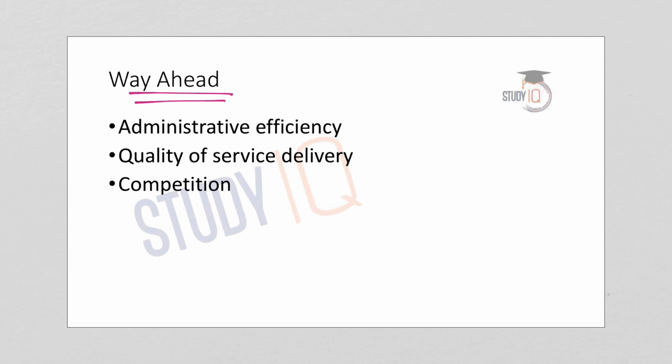So from the Haryana model as well as from NITI Aayog initiatives, what is understood is that the right incentive structures for various stakeholders, whether it is in education, healthcare, financial inclusion, any social indicator, if the right kind of incentives are given to the right stakeholders, it will improve the administrative efficiency.